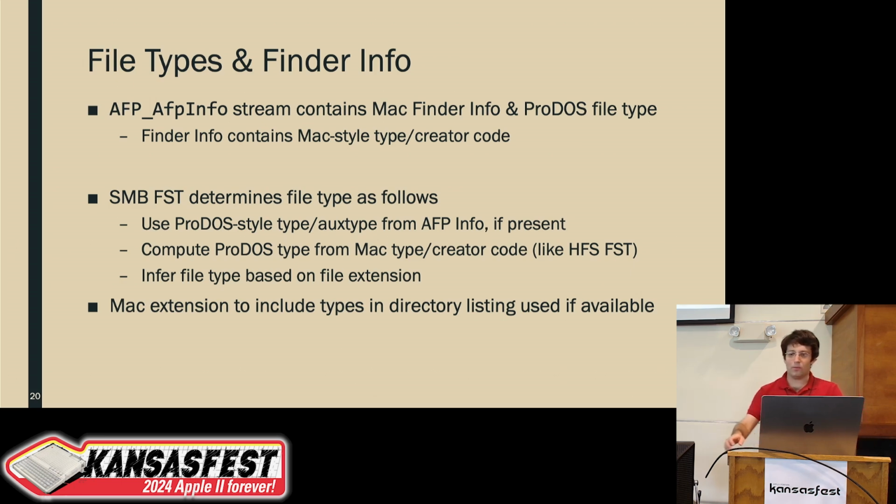And one other note here is that the Mac includes an extension to SMB to include the file types in directory listings. So when you're listing files in a directory on a GS, you will usually want to know what their file types are. And with this representation based on alternate data streams, you would essentially have to open that alternate data stream, which is essentially the same thing as just opening a file, then read the file type out of it and close it for every file in the directory.